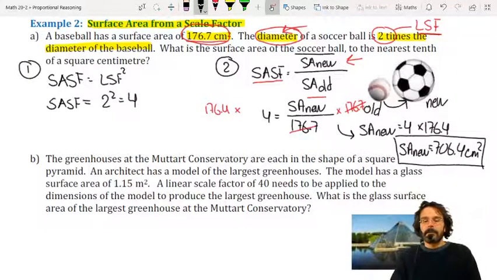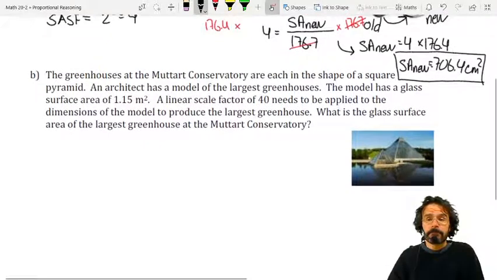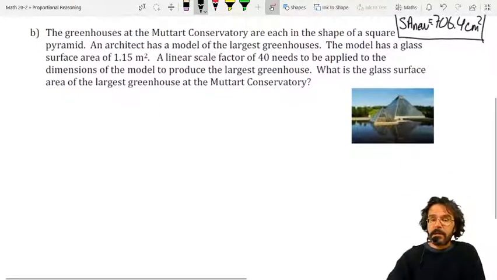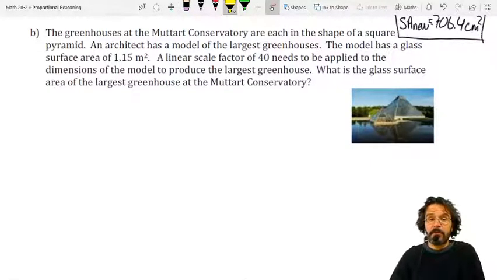We have question B here as well. The greenhouses at the Murtagh Conservatory are each in the shape of a square pyramid. An architect has a model of the largest greenhouse.